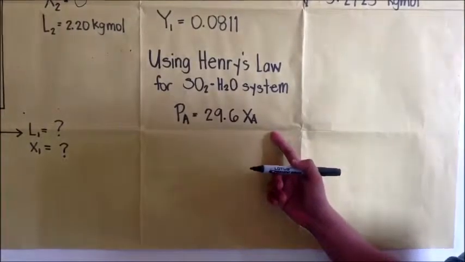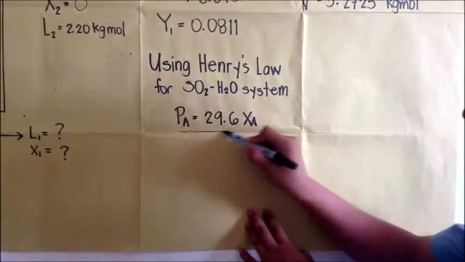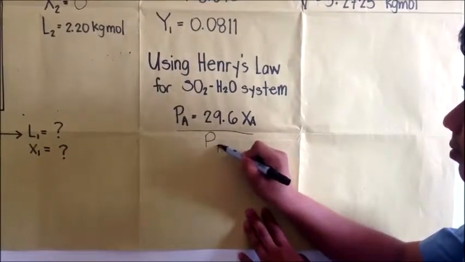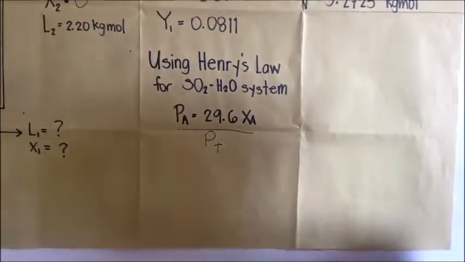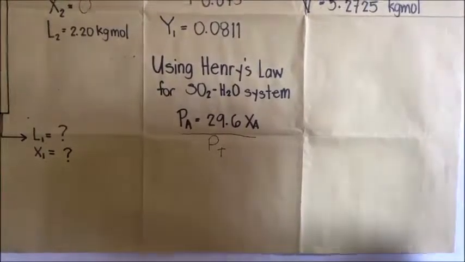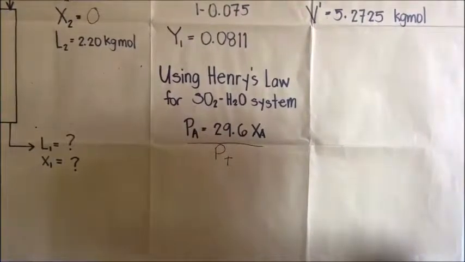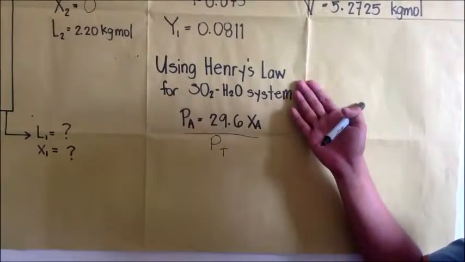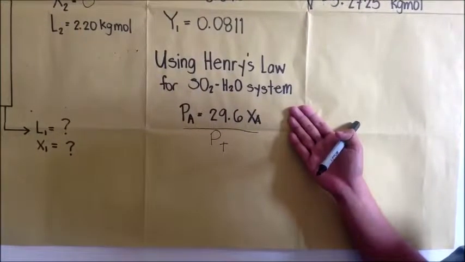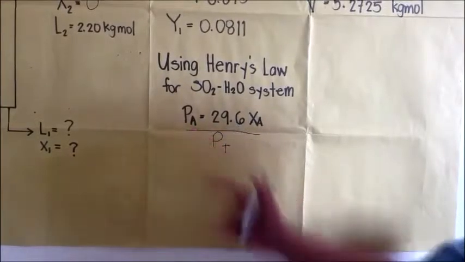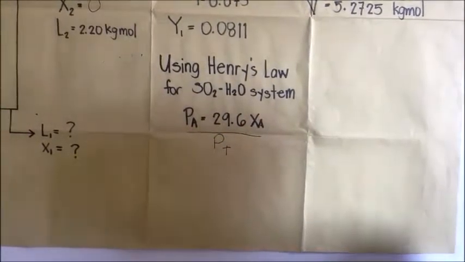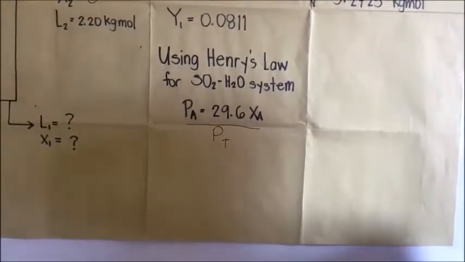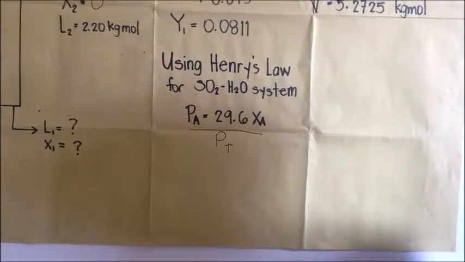From here, we can divide this relationship by Pt, which is given as 2.026 times 10 to the 5th Pascal. But we must take note that from Henry's law for the SO2 water system, the pressure given is in atm. Therefore, we must convert units before we proceed to calculations.